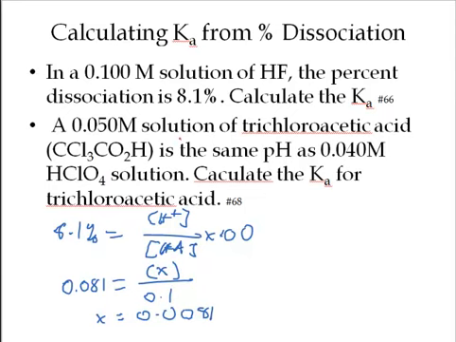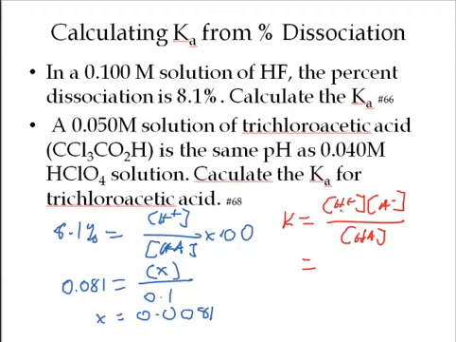Now they want us to solve for K. So I'm going to go K equals [H+][A-] over [HA]. Now I can just plug some numbers in.